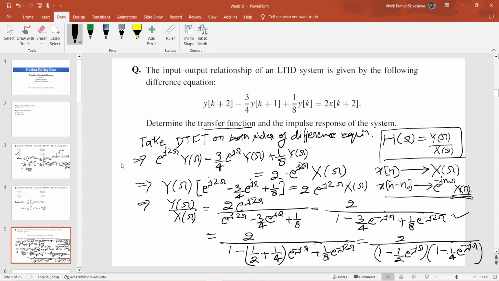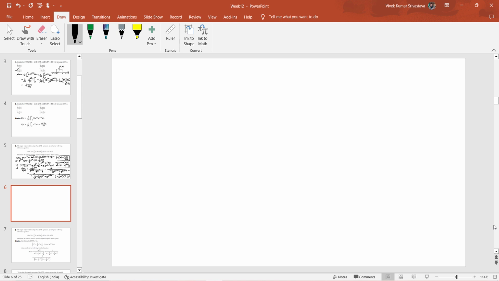Now we can use the partial fraction method, so as to further solve this difference equation in the known form of the Fourier transform. For this purpose we can write H of omega as 2 over 1 minus 1 by 2 e raised to the power minus j omega into 1 minus 1 by 4 e raised to the power minus j omega.